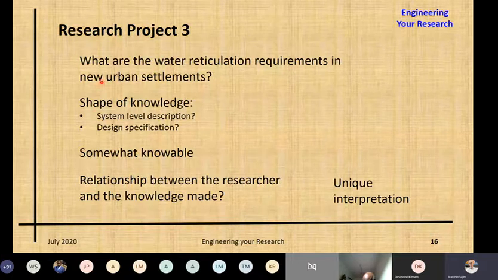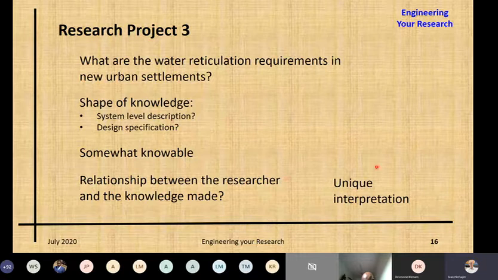Of course, I'm a civil engineer and I know about water. Now I need to translate the requirement of happiness, which is all my client can tell me, into something that looks like a water reticulation specification. So now, depending on who I am, I'm going to interpret what the client, the mayor, calls happiness, and what it means in terms of water.